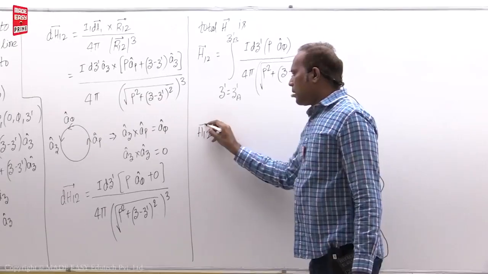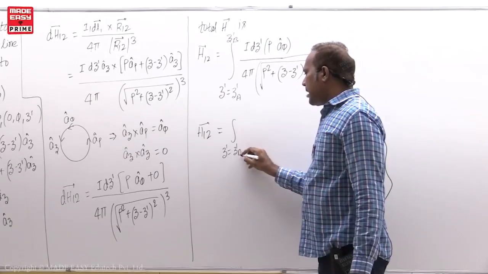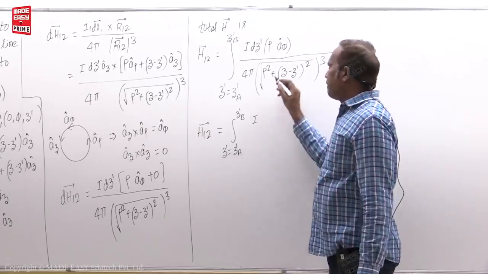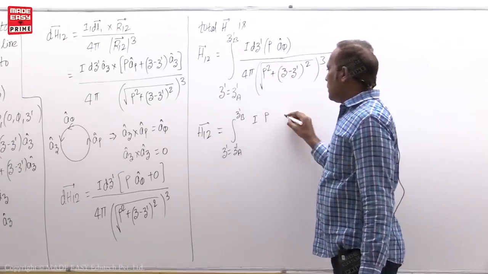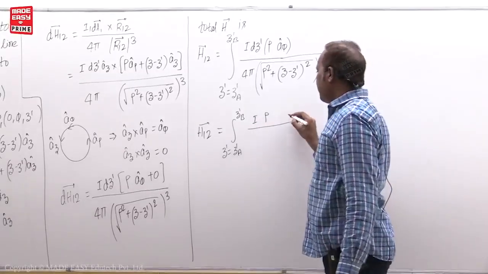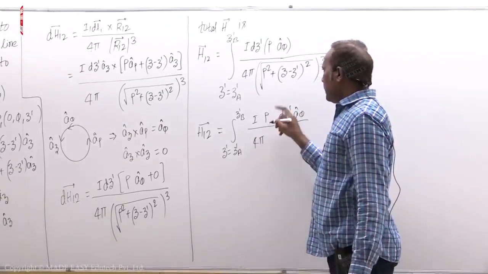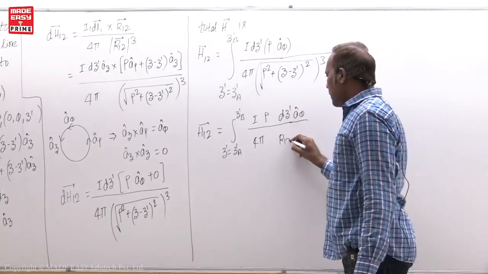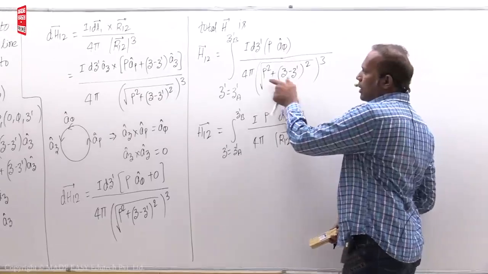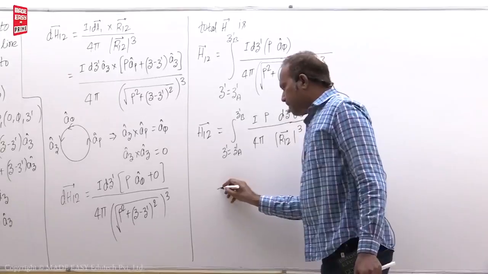So here H12 bar is equal to the integral, z dash varying from z dash A height to z dash B height, then I into rho dz dash a phi divided by 4 pi. This is nothing but modulus of r12 whole cube only. Once again I am writing this as mod r12 whole cube.